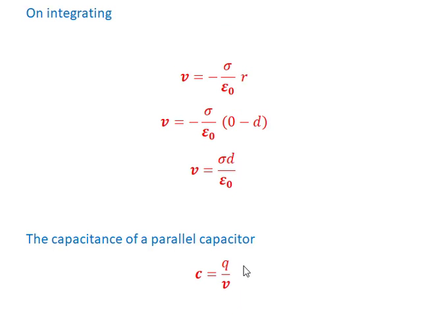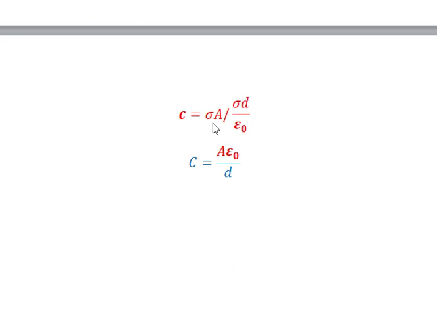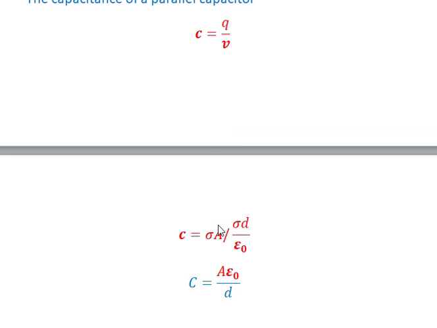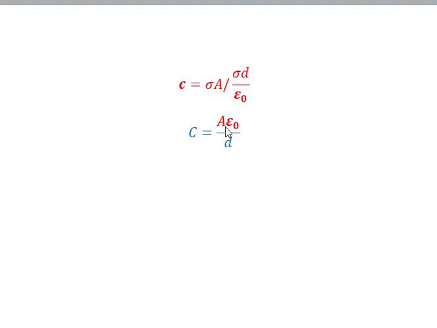We know well that the capacitance of a parallel plate capacitor, as we have already defined, is given by capacitance equal to charge divided by the voltage created between plates A and B. On substituting the charge Q as sigma A and the voltage as sigma d by epsilon naught, and simplifying, we get C equal to the area A, the permittivity of free space, that is air, and the distance between the two plates.